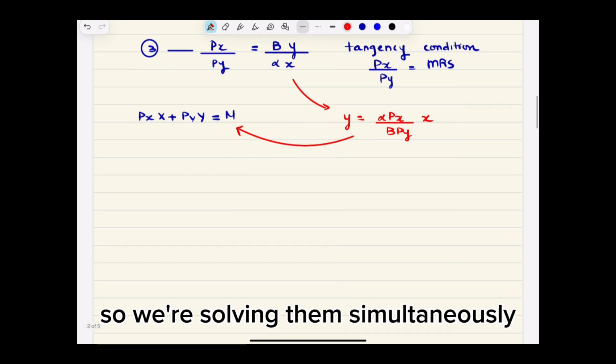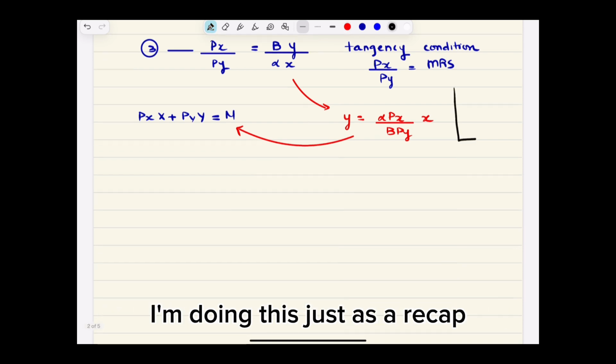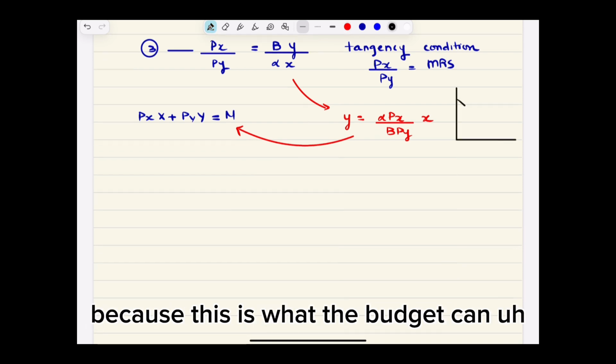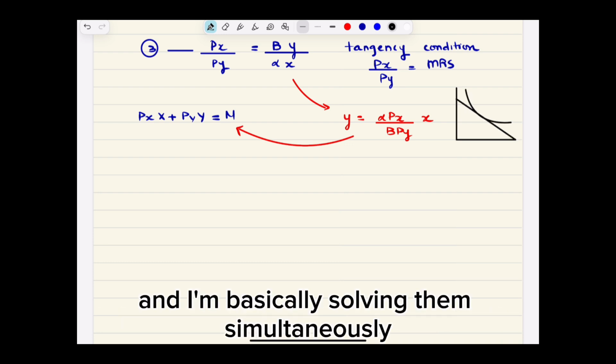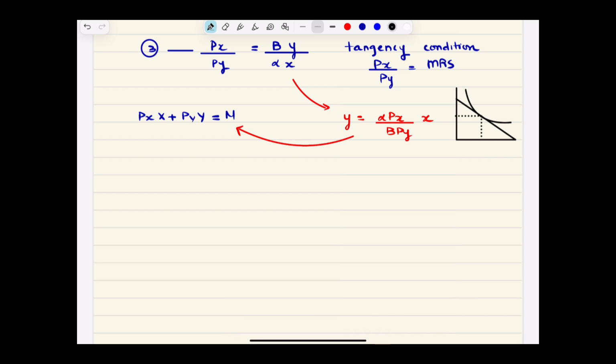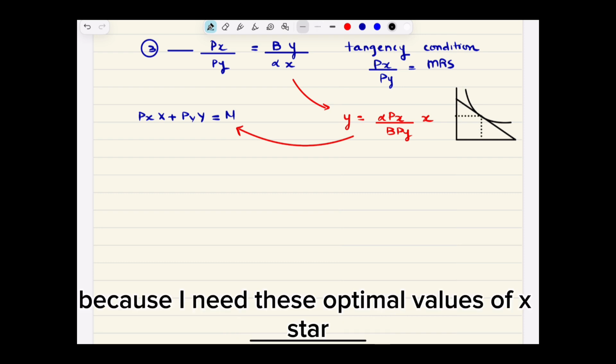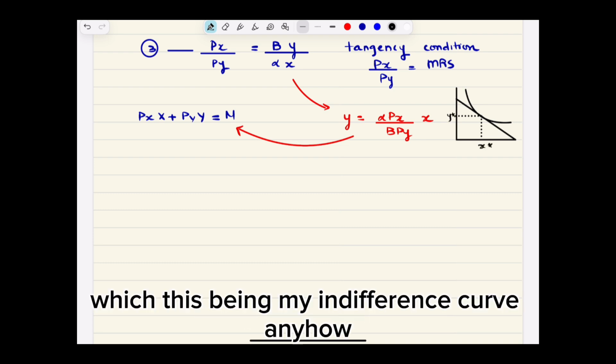So we're solving them simultaneously. I'm doing this just as a recap, because this is what the budget line looks like, this is what the indifference curve looks like, and I'm solving them simultaneously because I need these optimal values of x star and y star.